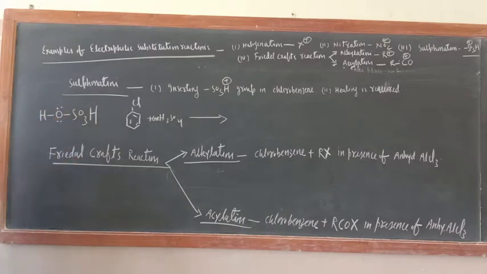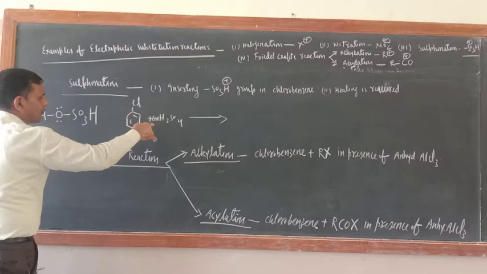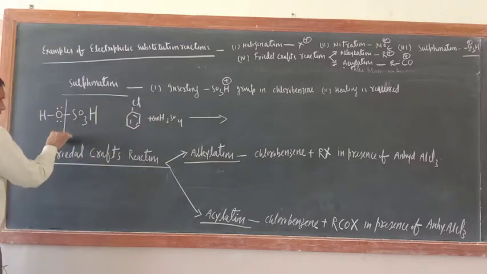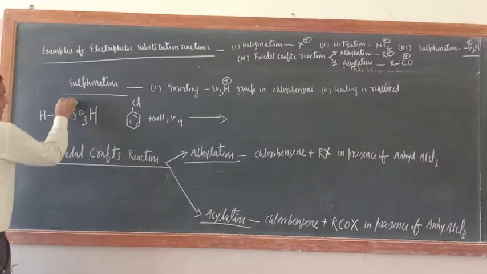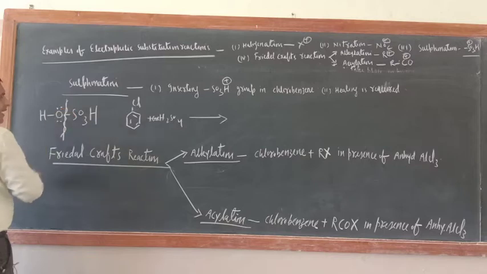Now just try to understand. One H of the benzene ring will come out when SO3H attacks here. From here the bond will be broken, and when this bond is broken, O will take its bond pair electron also.